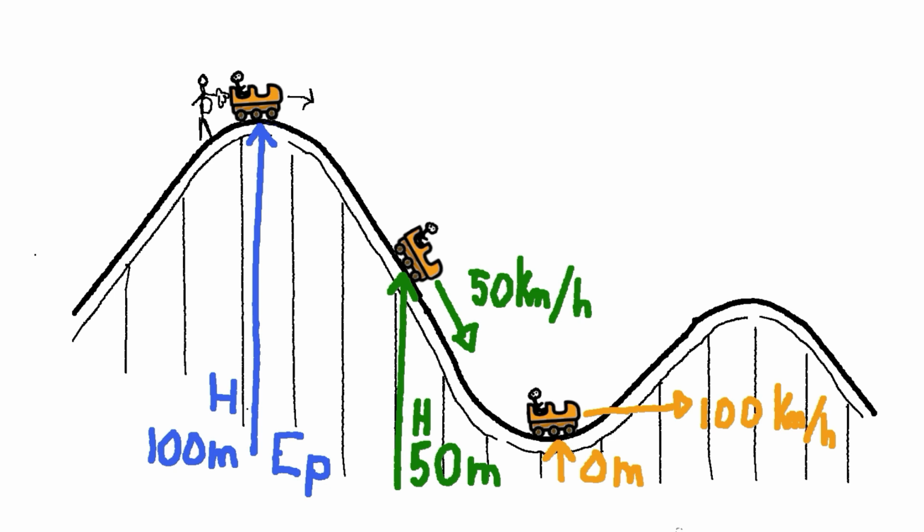And that's why this 100 km per hour, I will call it EK, kinetic energy. Okay, so all we did on the roller coaster, all we do is transforming potential energy into kinetic energy, and then back on the next climb we will transform again kinetic energy into potential energy.